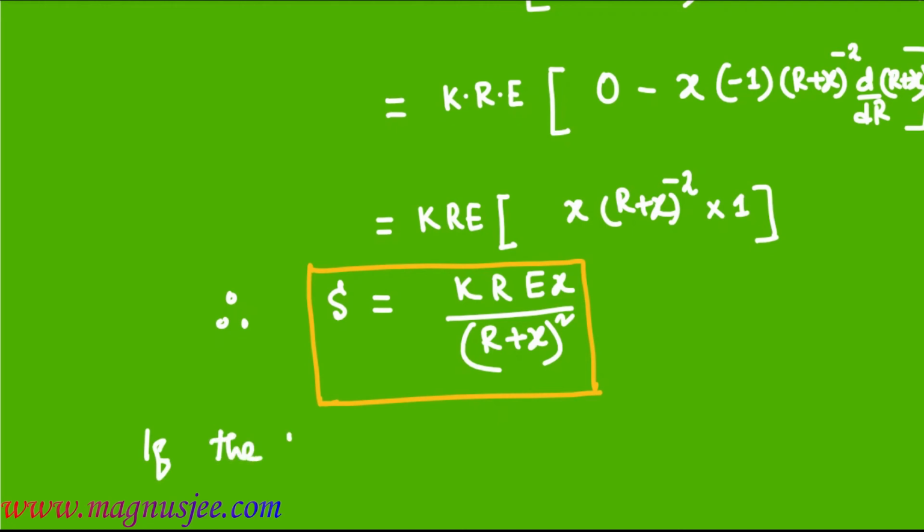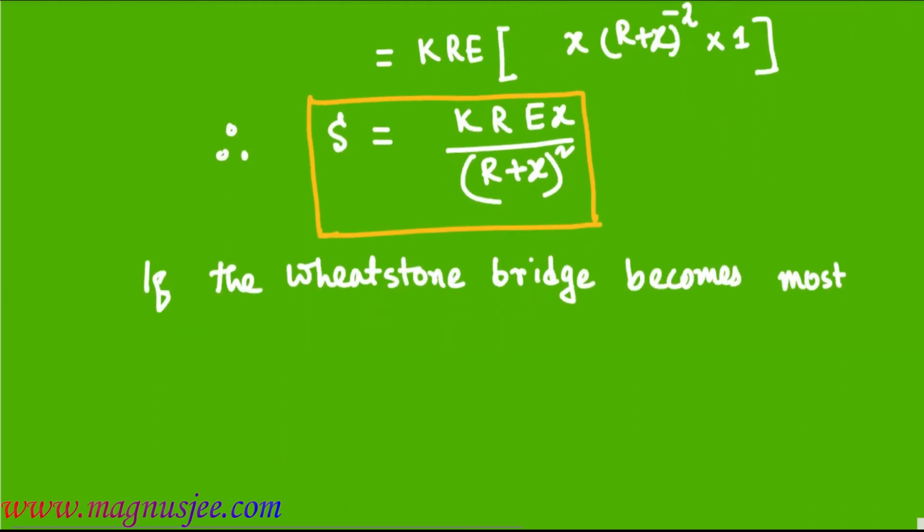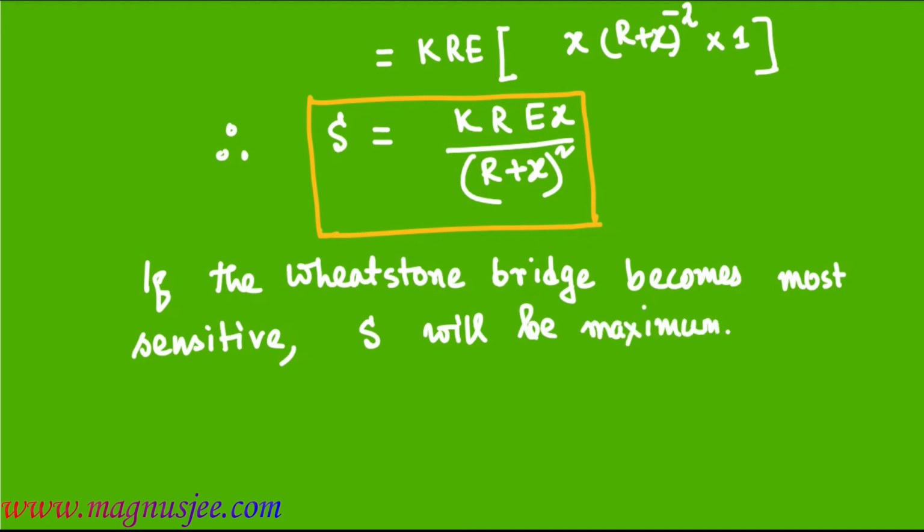If the Wheatstone Bridge becomes most sensitive, S, the sensitivity, will be maximum with respect to the resistance R.